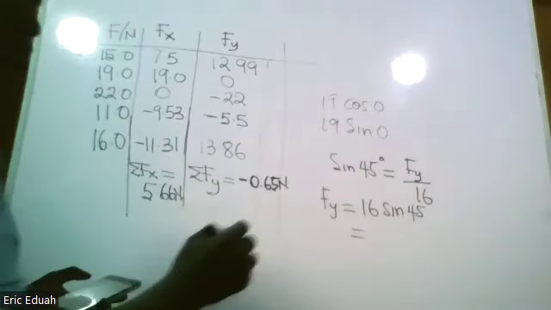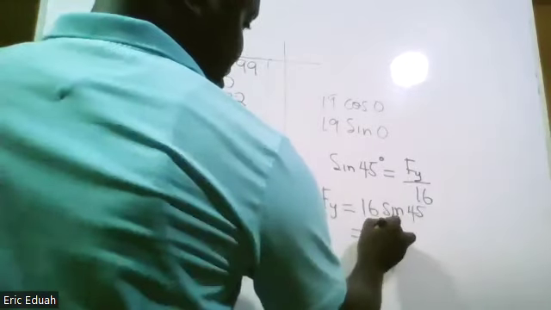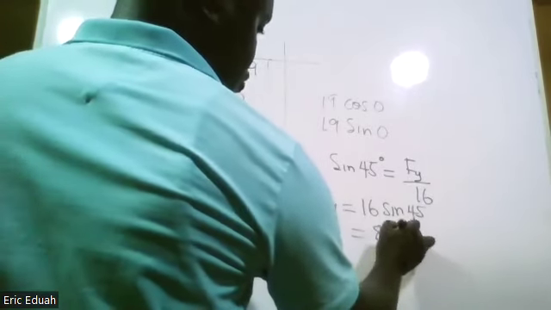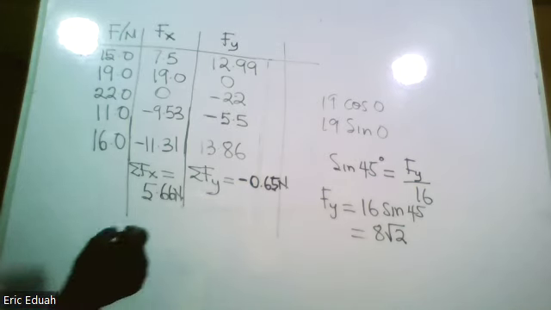Sine 45 is root 2 on 2. So we have 8 root 2. What is 8 times root 2? Check for me. It is 11.31. 11.31, and it's a positive.